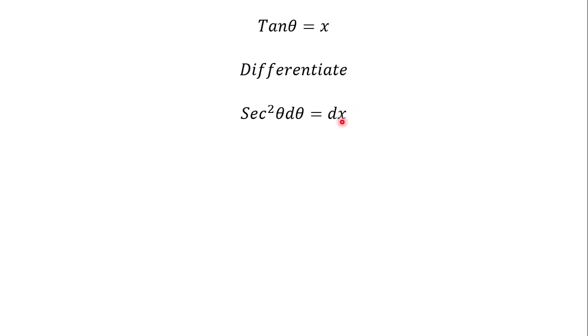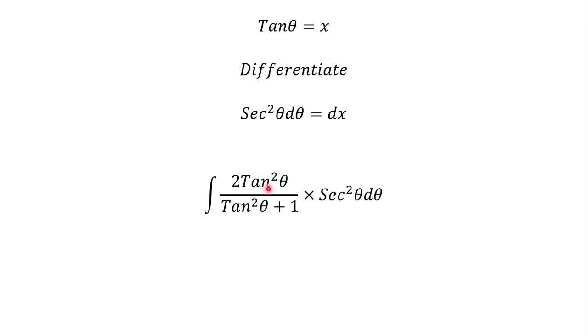Okay, now we know what is replacing this one, which is this. We also know what is replacing x, which is this. So now that we know what is replacing this and this, let's put them into the integral. When we put them into the integral, this is what it is going to look like in the theta world.